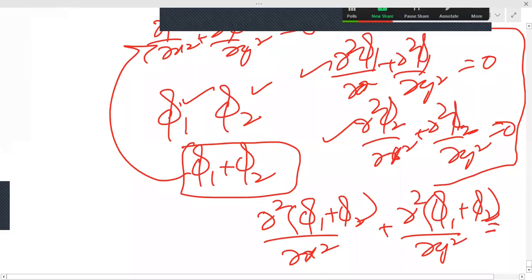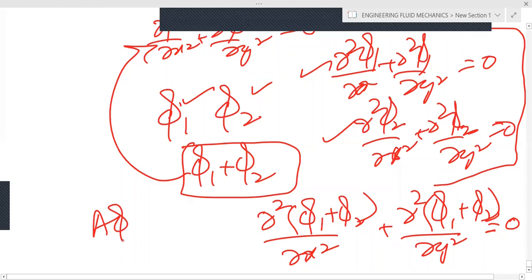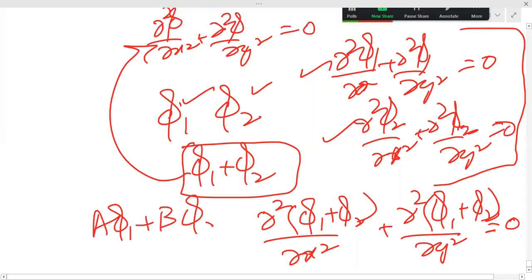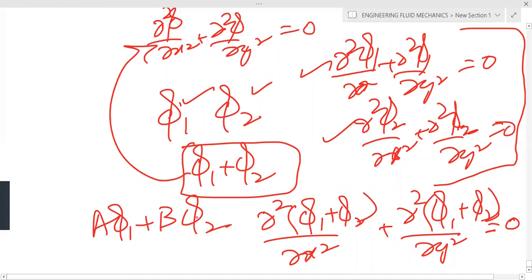Now, will this satisfy the Laplace equation? That is, will this be equal to 0 or not? Yes, sir. This will also be equal to 0. What about A phi 1 plus B phi 2? Yes, sir, this will also be. So any linear combination is also a solution.